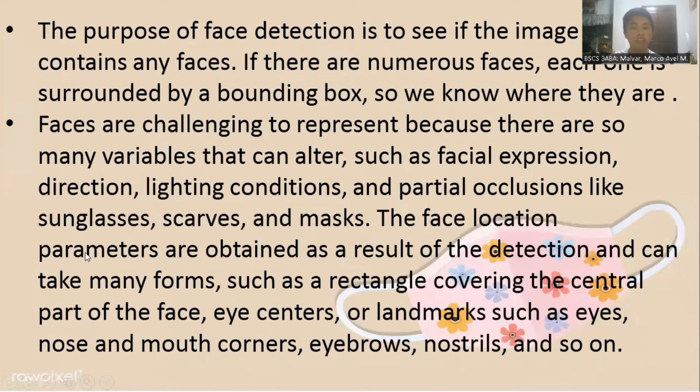Their face location parameters are obtained as a result of the detection and can take many forms, such as a rectangle covering the center part of the face, eye centers, or landmarks such as eye, nose, and mouth corners, eyebrows, nostrils, and so on.